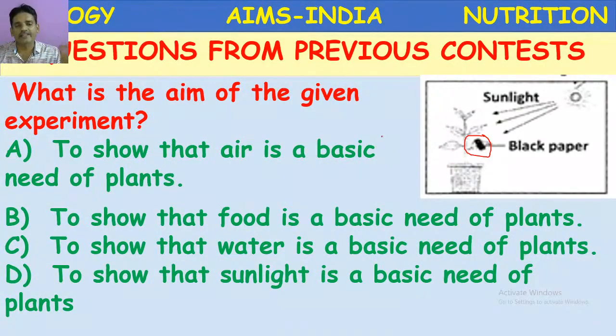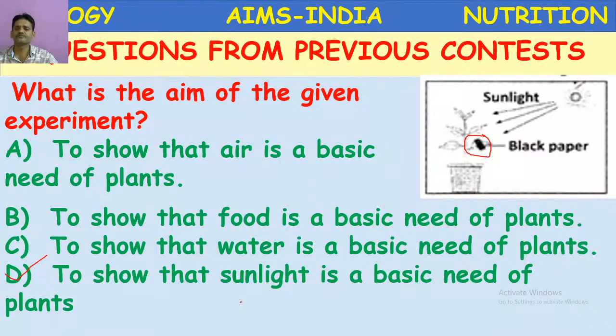Every factor related to photosynthesis is studied with the help of experiments or activities. So this particular experiment proves that. What is the answer selected by you? D is the correct option, to show that sunlight is a basic need of photosynthesis.